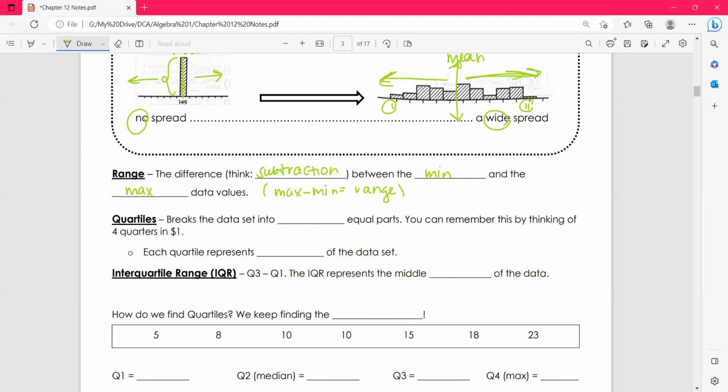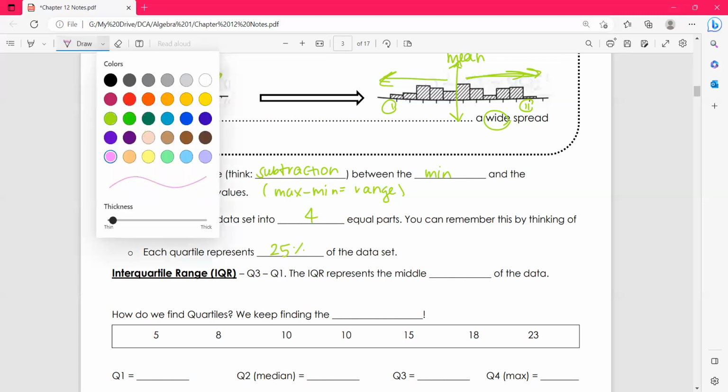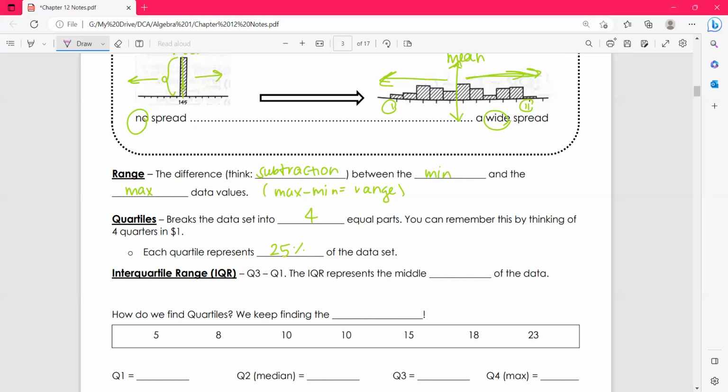Quartiles. So we've got 4 quartiles, which breaks the data set into 4 equal parts. You can remember this by thinking of 4 quartiles as 4 quarters in $1. Each quarter represents 25% of the data. And so I want us to think about this visually. When we look at data, I've got the minimum and I've got a maximum. I've got the median, and then I've got Q1, quartile 1, and Q3.